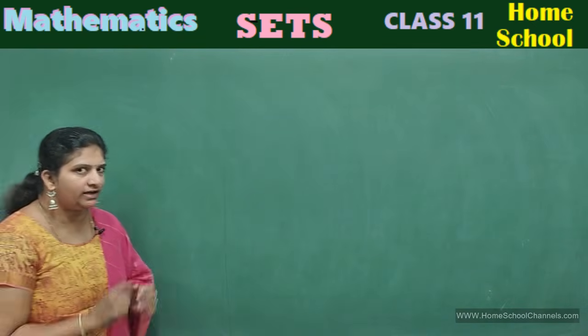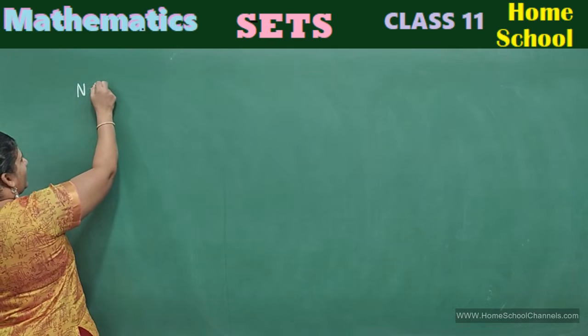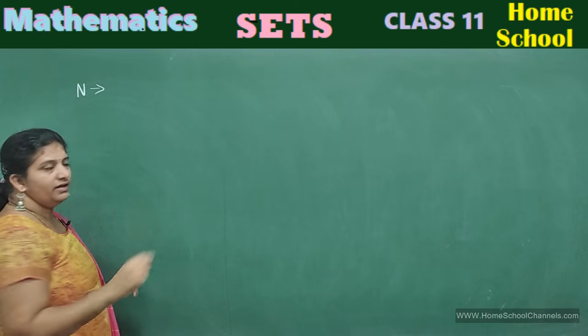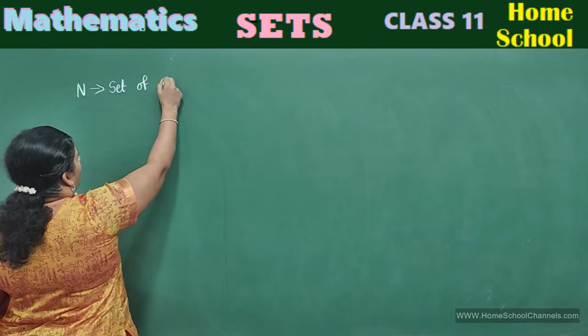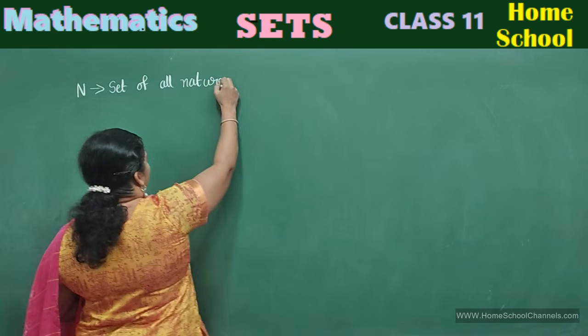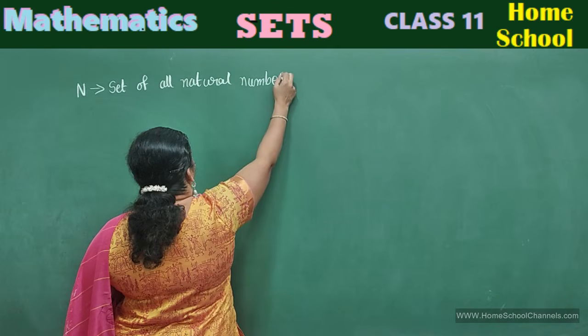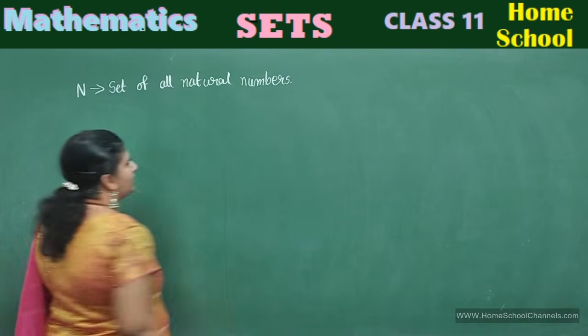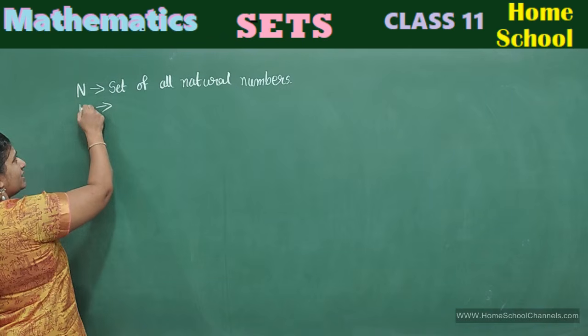Next, we are going to recollect some points. That is, capital N indicates, what is a capital N? It indicates the set of all natural numbers. Then, what are whole numbers?